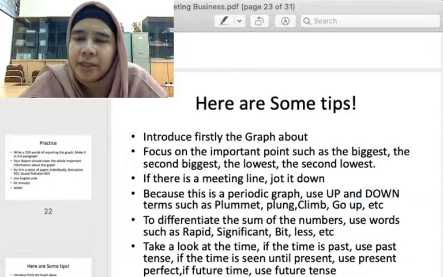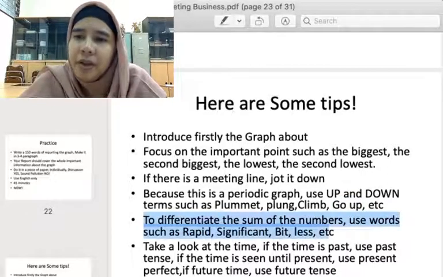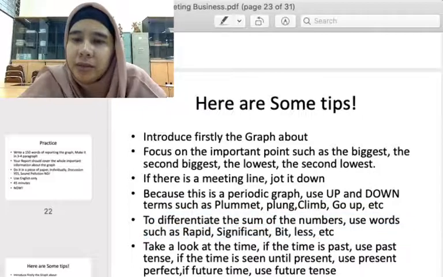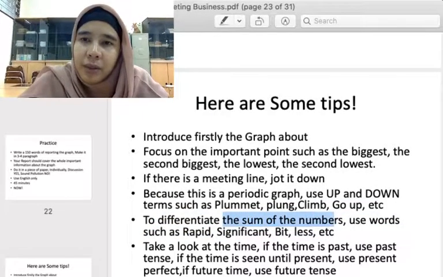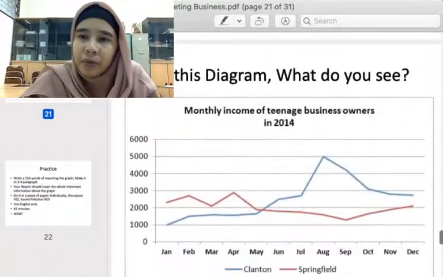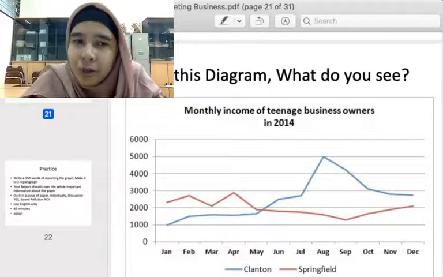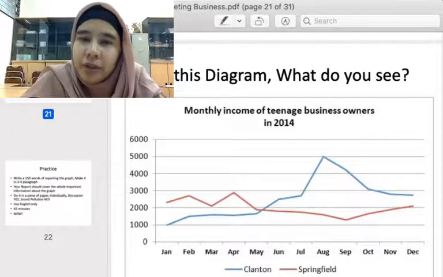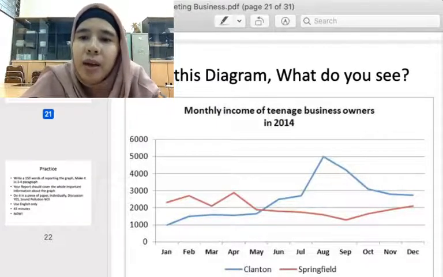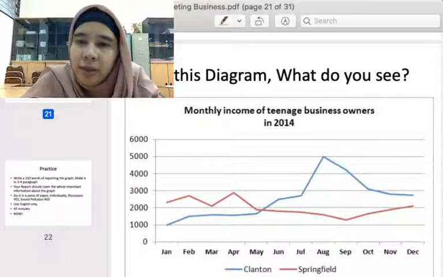To differentiate the sum of the numbers, use words such as rapid, significant, bit, and less. Maksudnya the sum of the numbers ya. Perhaps different, then the number of the highest one ya, gitu kan, terlalu tinggi, this is the highest one. You can use rapidly. So, I may give you the examples.